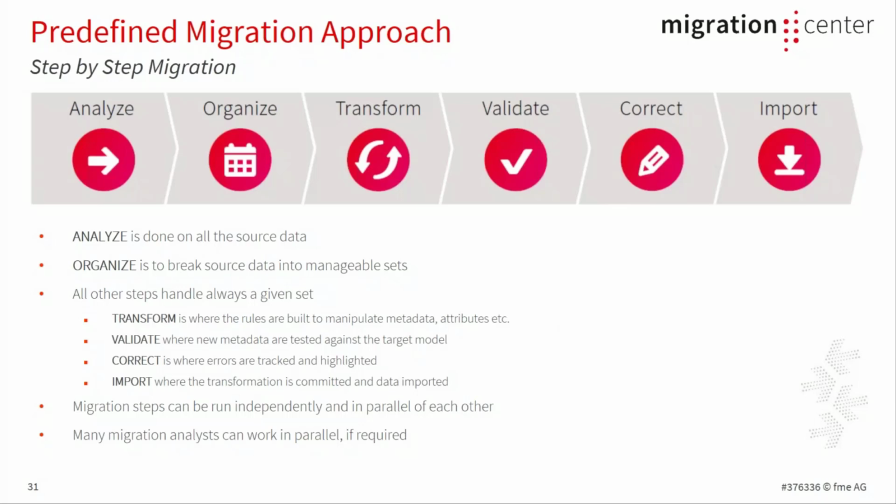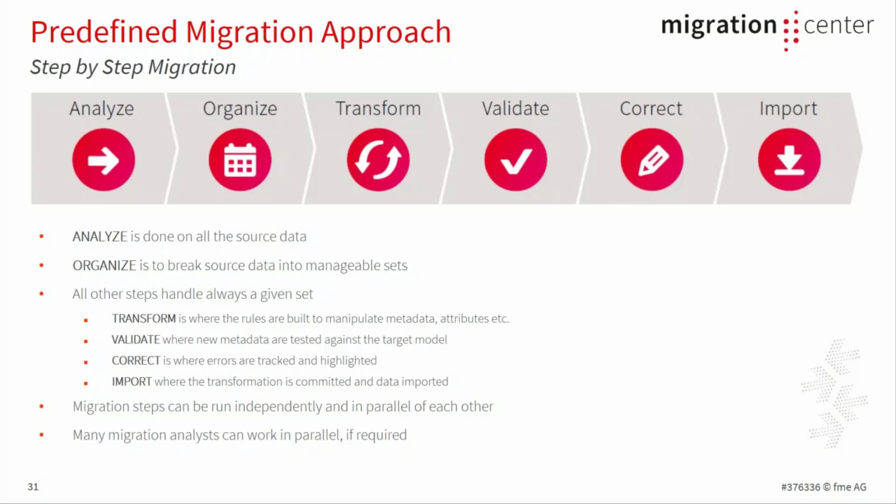When we look at a data set from a source, we analyze that information. That's part of what we call a scanning process. So we analyze the source data set, we pull it in, we decouple it from the source system, and we bring it into our Migration Center product. At that point, we have the ability to analyze it and organize that data set into manageable, logical chunks of information.